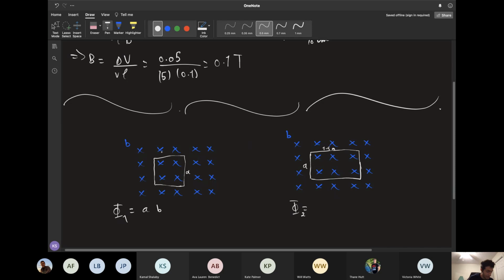Actually, no, it's not A, it should be A squared, because it's the area. So it'd be A squared B. Yes, it would be 1.5 A squared B.